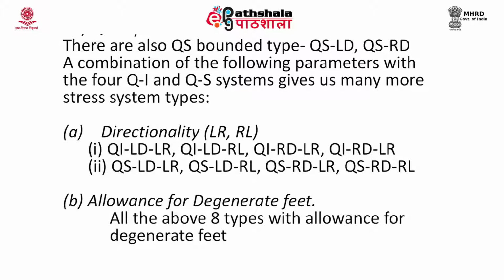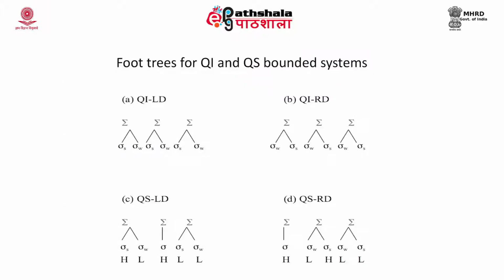For example, in A, depending on the two types of directionality, like left to right and right to left, we get these 4 plus 4 types of stress systems. Quantity insensitive left dominant and left to right, quantity insensitive left dominant, right to left, etc., as you see on the screen.